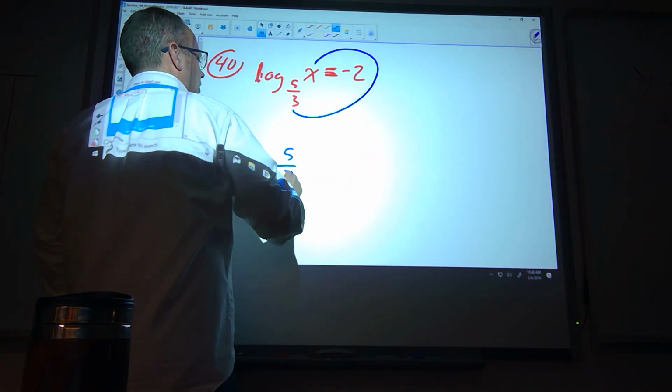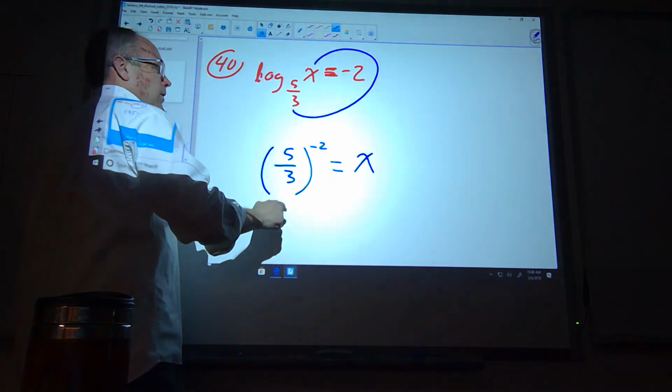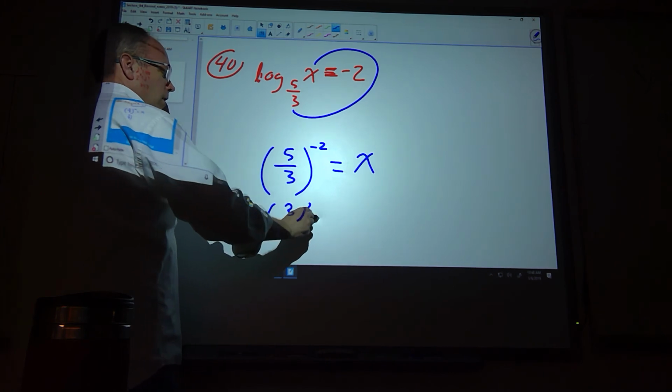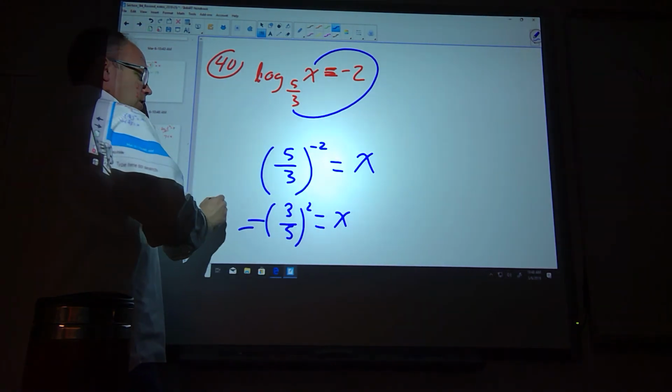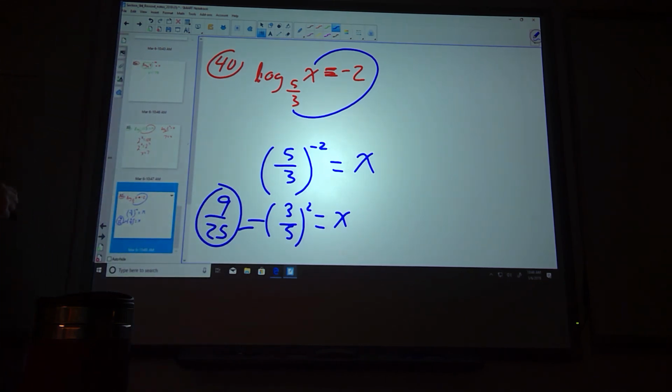So 5/3 to the -2 power is equal to x. Flip it over. So it's now to a positive exponent. So that's equal to 9/25. Everybody happy? Any other questions?